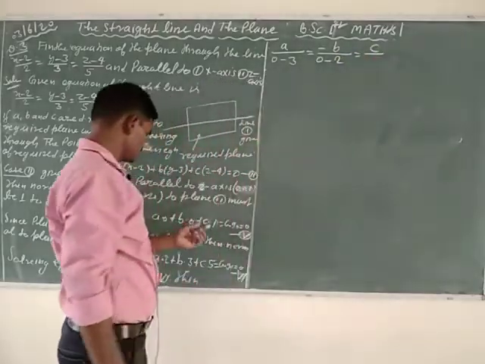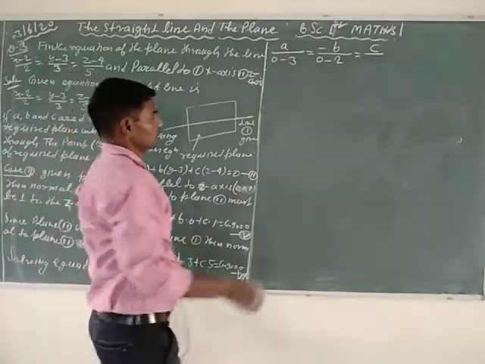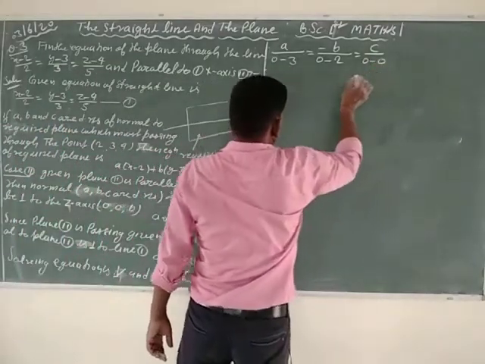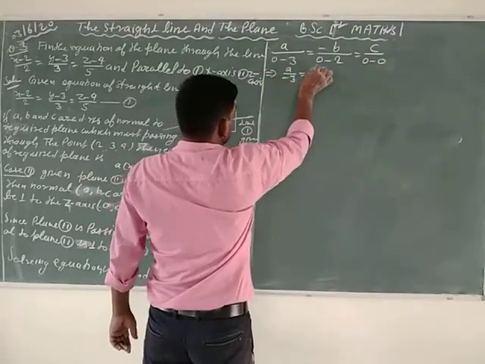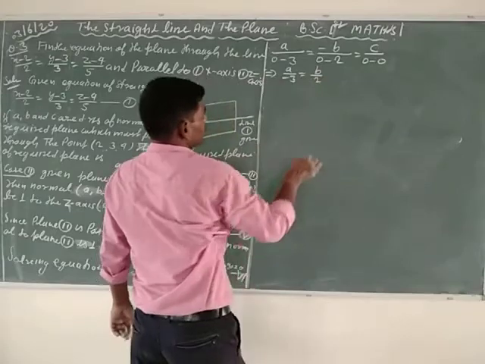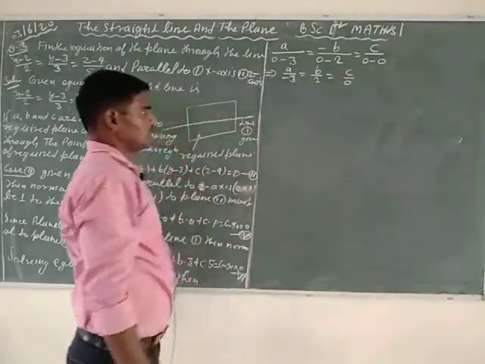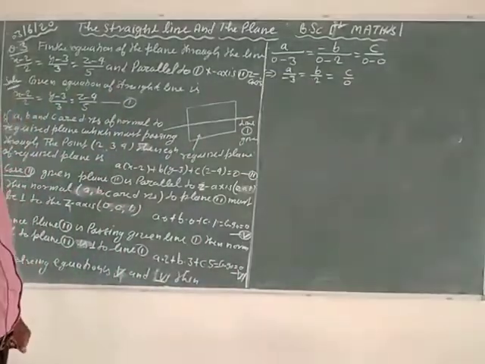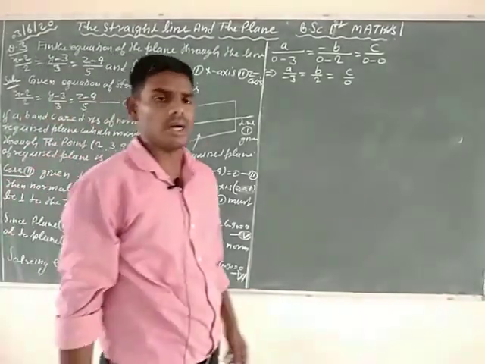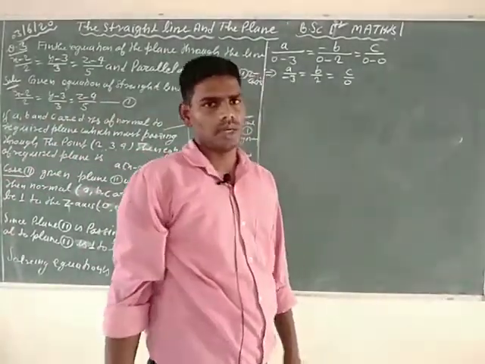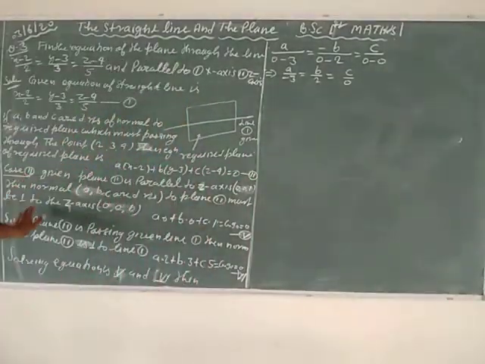In the case of c, eliminate: a into 0 is equal to 0 and 2 into 0 equal to 0. So 0 minus 0. Simplifying, the ratio is a by minus 3, b by 2 and c by 0. Putting these values of a, b, c in equation second, you can calculate the required plane equation which is parallel to the z-axis, means in the case second.